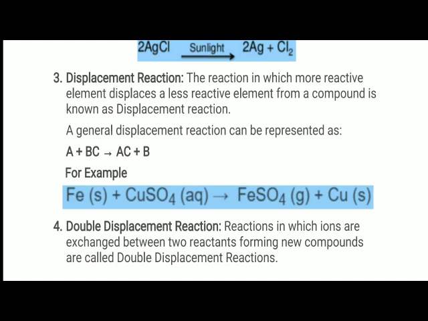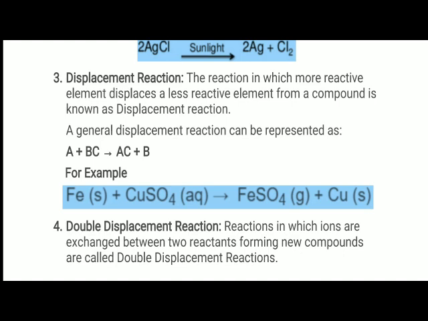Whenever an example of displacement reaction is asked, you have to explain it according to this: when an iron nail is dipped in the copper sulfate solution, after a while the iron nail becomes brownish in color and the blue color of copper sulfate solution fades or becomes light blue, and you have to write its chemical equation. And the reaction of iron nail with the solution of copper sulfate is a displacement reaction.